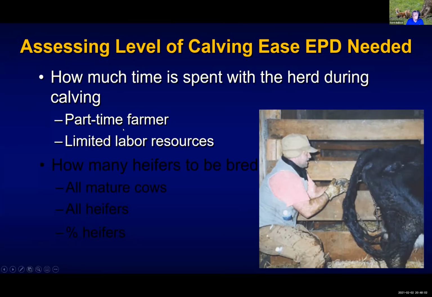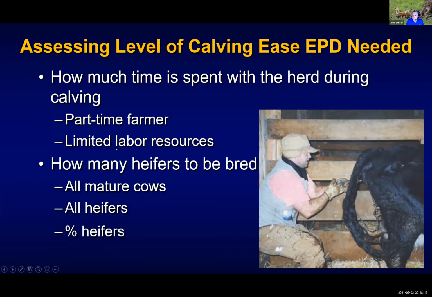So the part-time farmer absolutely has to put more emphasis on calving ease than somebody that is able to spend a lot of time or hire some labor to look after the cattle during calving. And so the other situation is like I said, if you're able to provide labor resources, then that can help too.